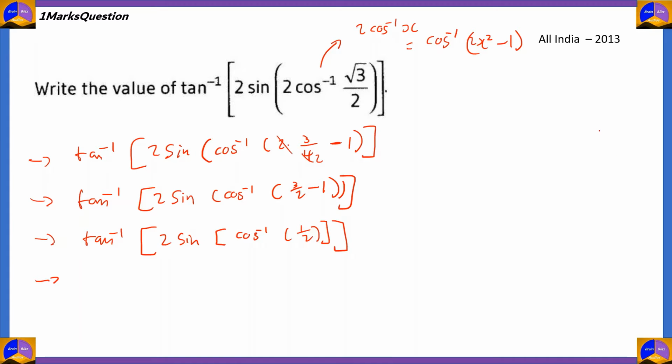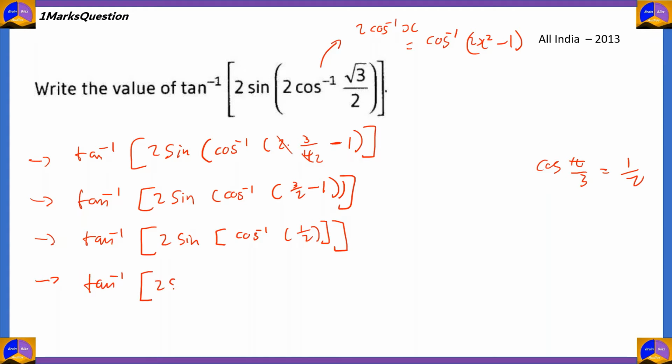So we have cos inverse of 1 by 2 now in the innermost bracket. And 1 by 2 is the same as that of cos pi by 3. Cos pi by 3 is 1 by 2. Let's put in the values.